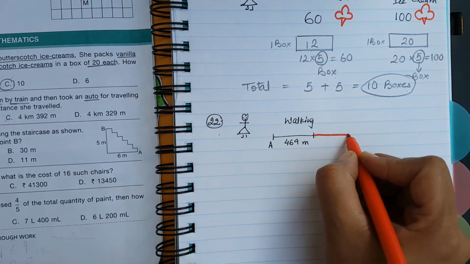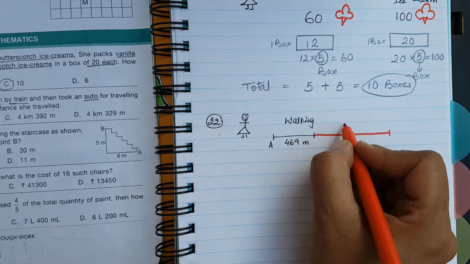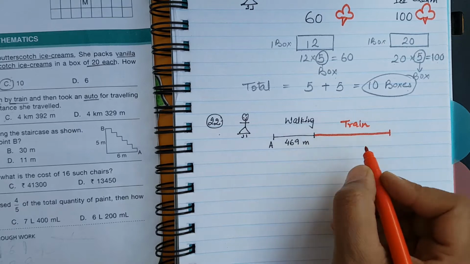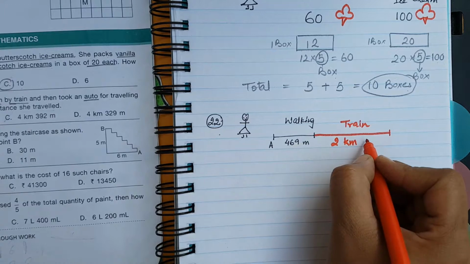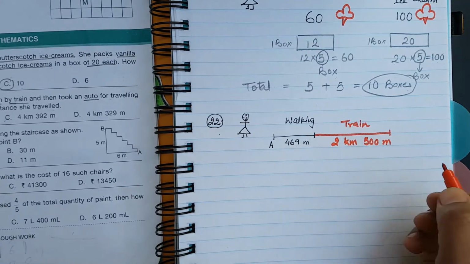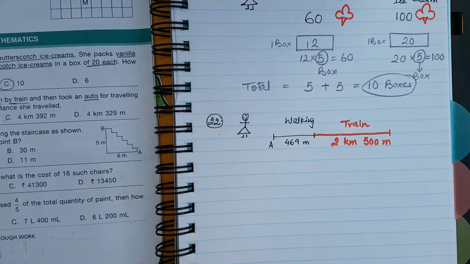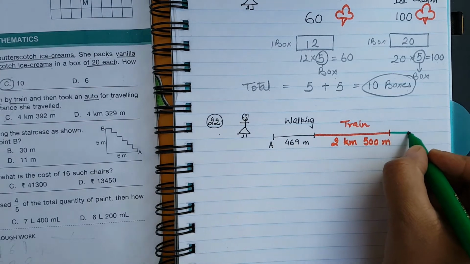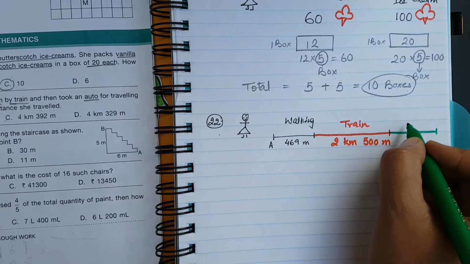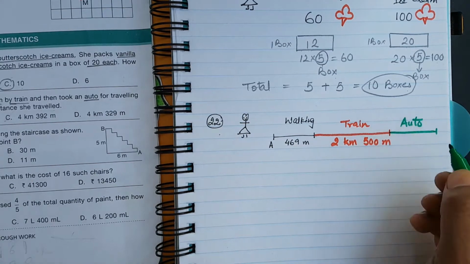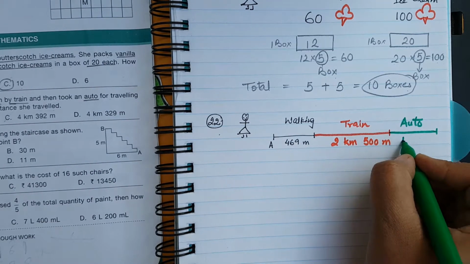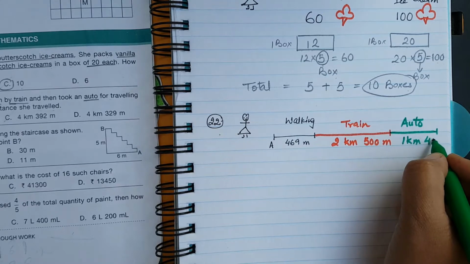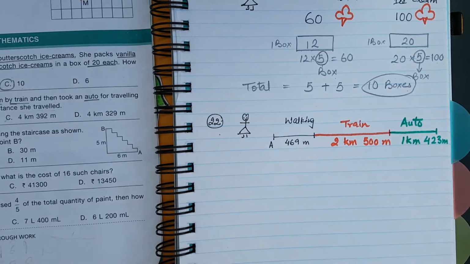Then I take a train, and the distance I covered by train is 2 kilometers 500 meters. After that I used an auto, so I use the green color here. By auto, I cover a distance of 1 kilometer 423 meters. So what is the total distance?